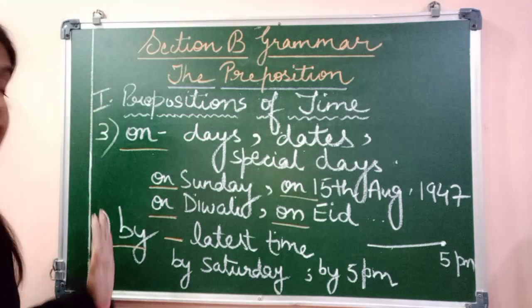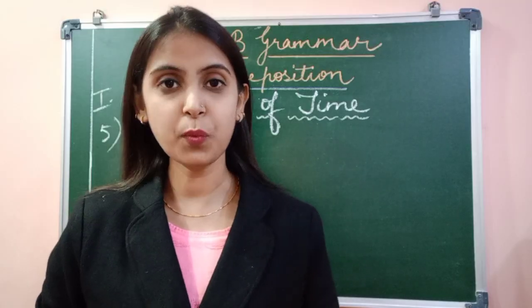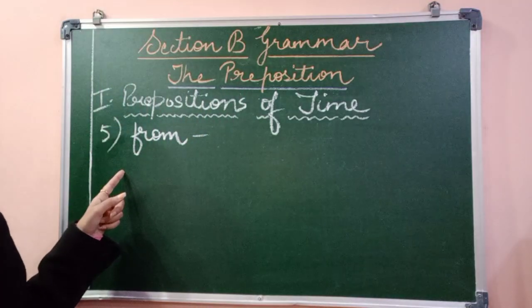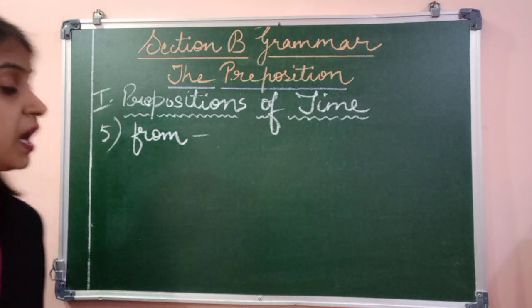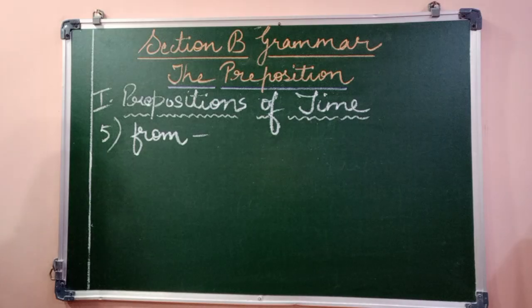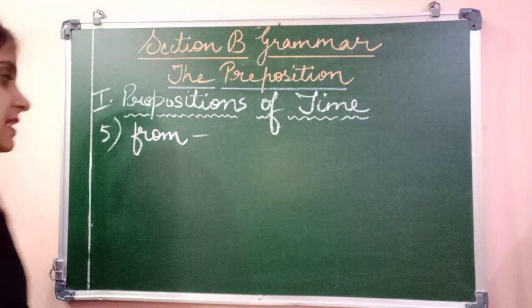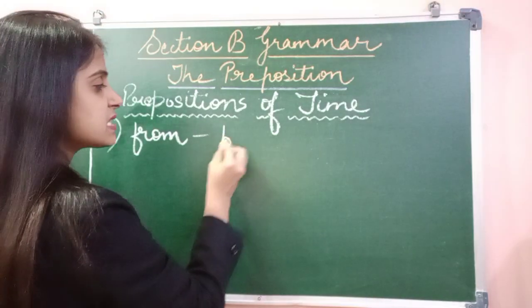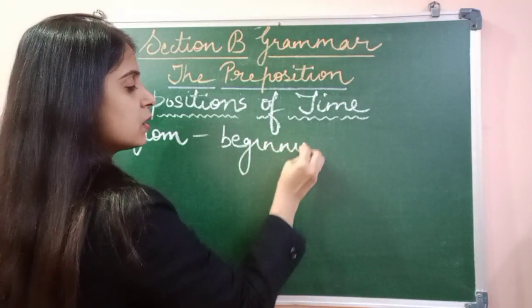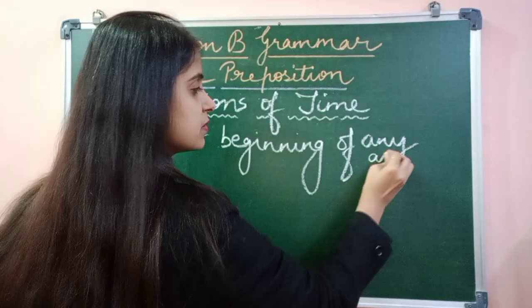So we have talked about 4 prepositions of time by now. Now we are moving over to the 5th one. The 5th one is from, which is also a preposition of time. Now what does from show? From talks about the beginning of any action, okay? Or you can say it states the starting time of something, right? For example, you can write beginning of an action, right?